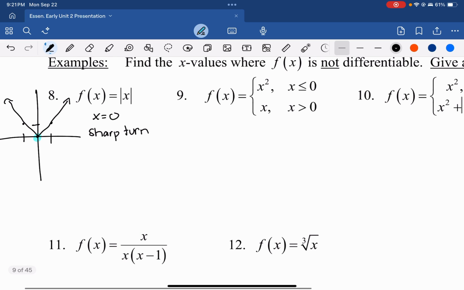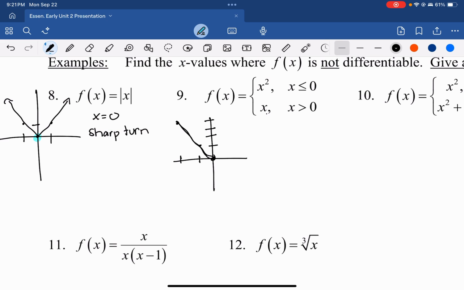Next one, I've got a piecewise function. f of x equals x squared when x is less than or equal to 0, and x when x is greater than 0. I'm going to graph this one as well. It's x squared when x is less than or equal to 0. So 0 squared is 0. -1 squared is 1. -2 squared is +4. So we have half a parabola.